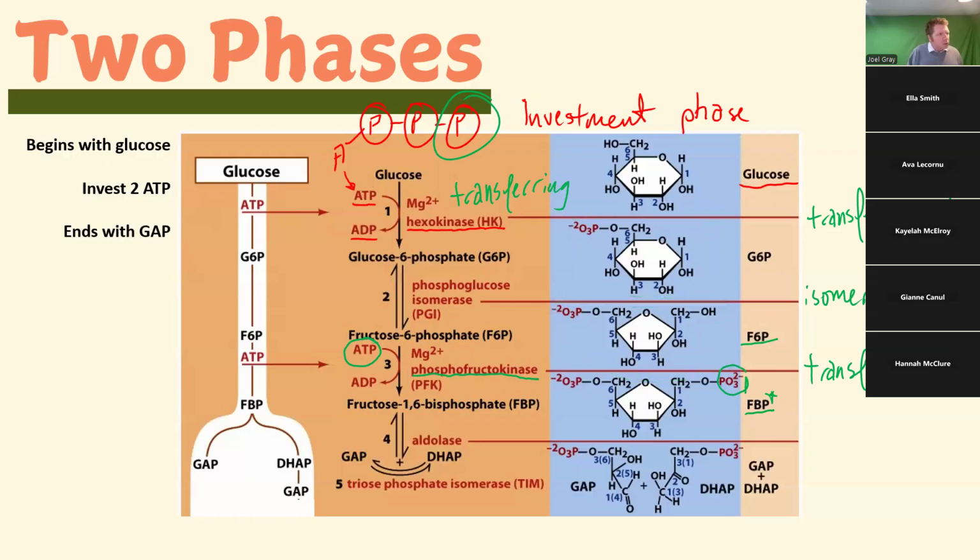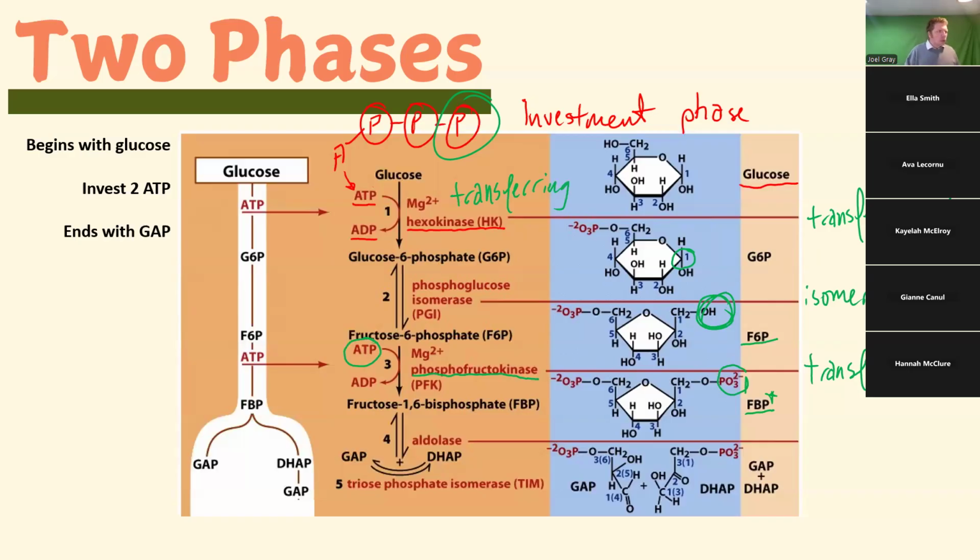Let's look at carbon number 1 on glucose 6-phosphate. There's going to be some steric hindrance there, and so adding a phosphate to that is going to be kind of hard. But then when we rearrange the ring and make fructose 6-phosphate, now we've got this OH group right here that is super accessible and easy to add a phosphate group onto. Does that make sense? Give me a Y or an N to the chat.